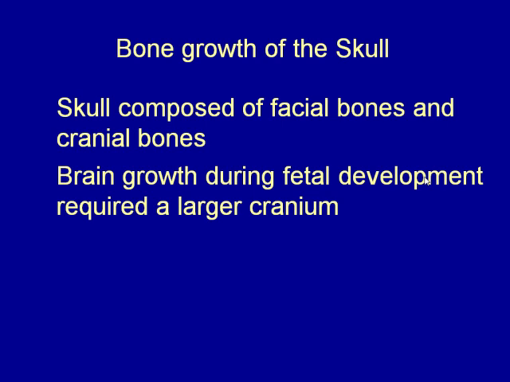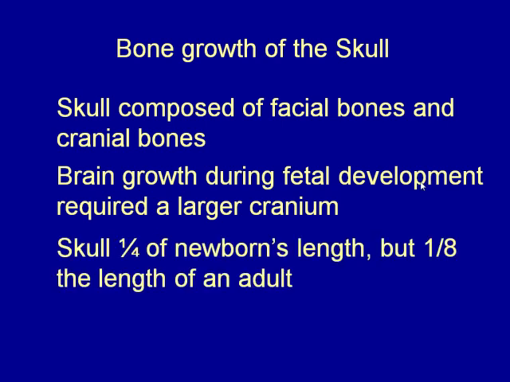When you are born, your brain is the closest to adult size of any organ in your body. As a result, the skull of a newborn is proportionally larger than the skull of an adult. In a newborn, the skull makes up about 1/4 of their height, but in an adult, the skull is only about 1/8 of the height of the adult. So there's considerable differences there.